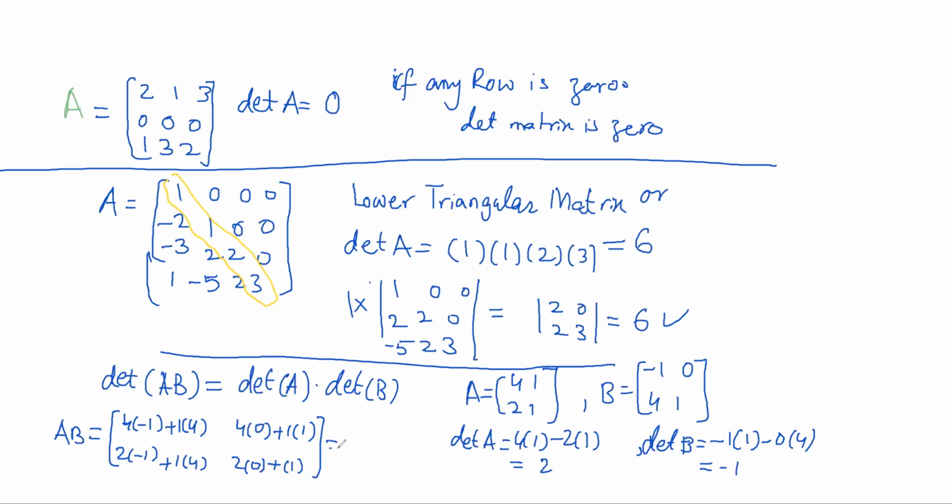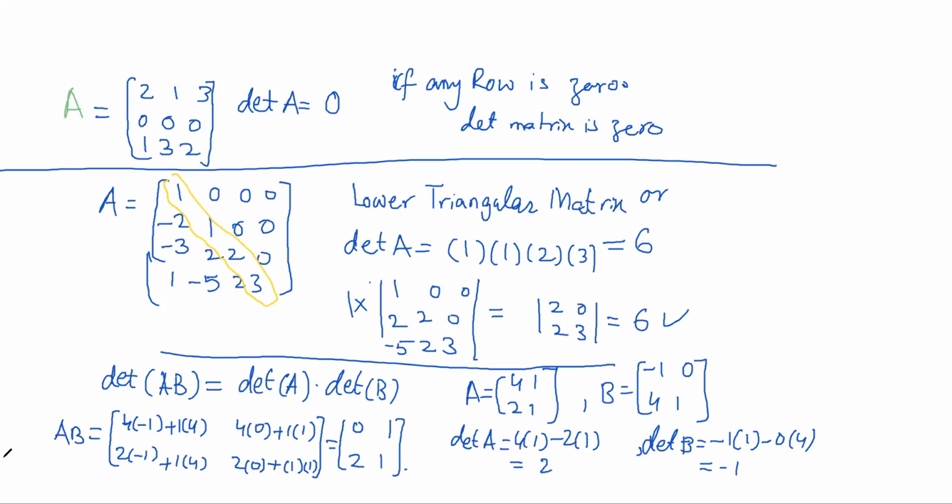So we get the AB matrix as 0, 1, 4 minus 2 is 2, and 1.